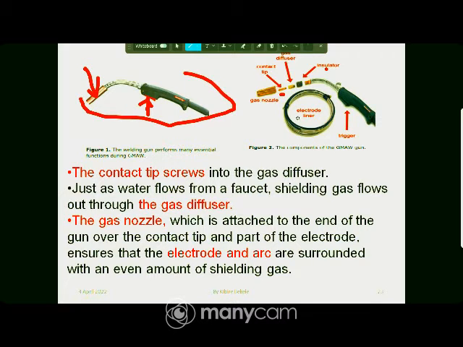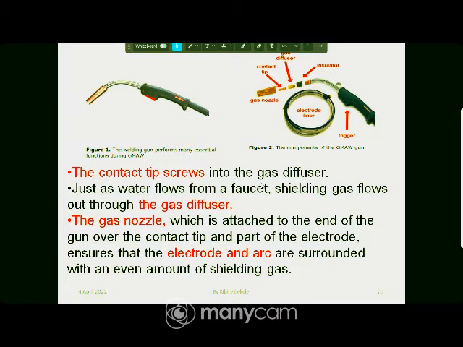So there is the electrode liner. This is the cable called the electrode liner that supports the electrode to be fed into the welding area. So these are the equipment. The contact tip screws into the gas diffuser.